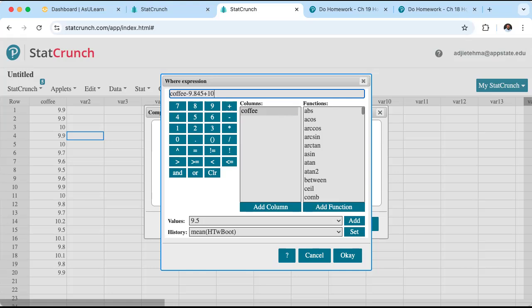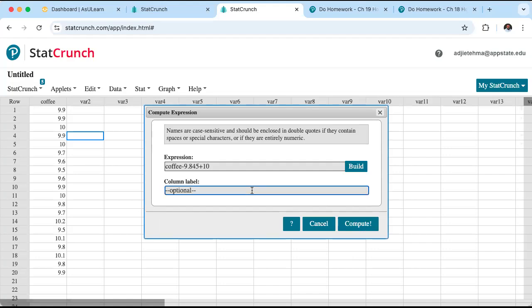So you do coffee minus the sample mean plus the mu naught value. And then when we do that, we click on OK.